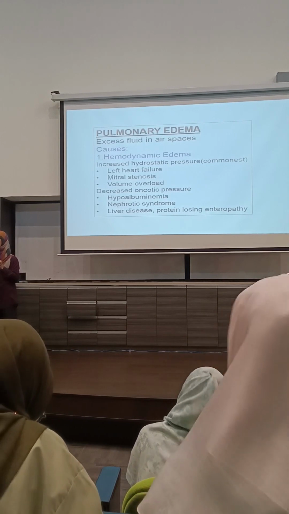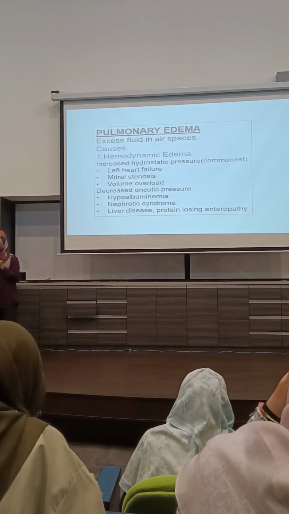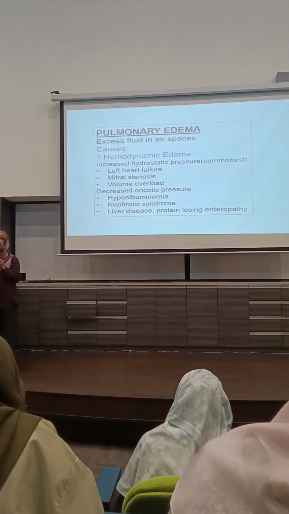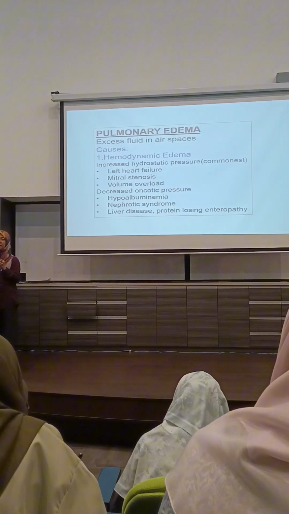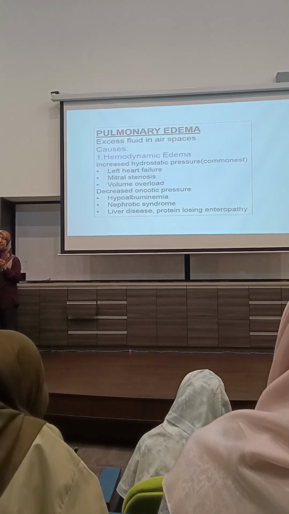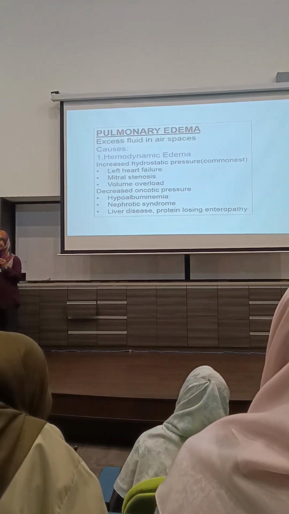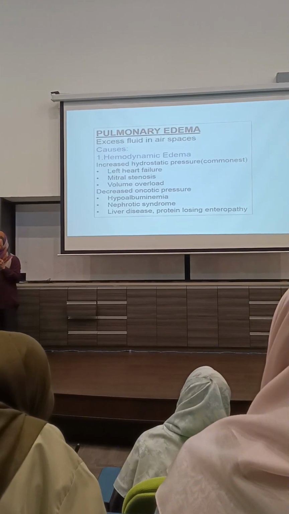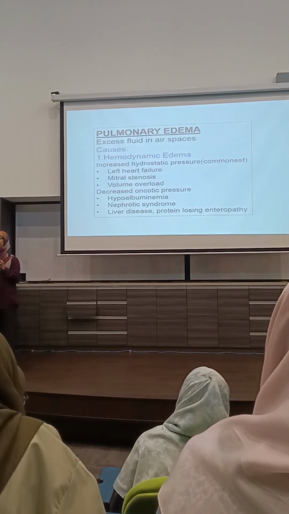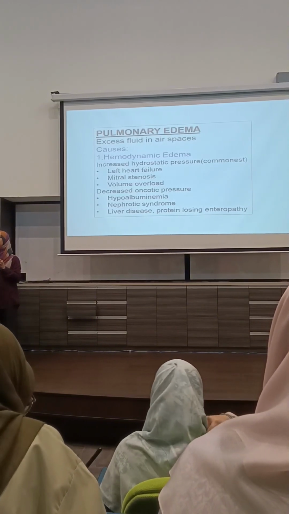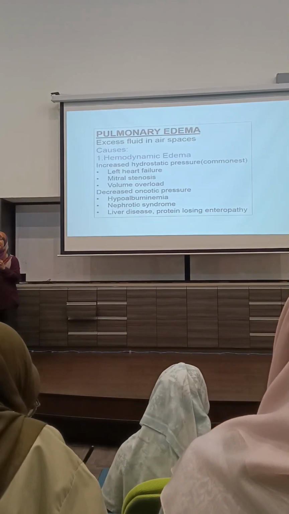You increase hydrostatic pressure in case of left heart failure. Where does the blood go to after the lung? Left heart. So if you have a problem with the left heart, then the blood will be static in the lung. So heart failure. Mitral stenosis.